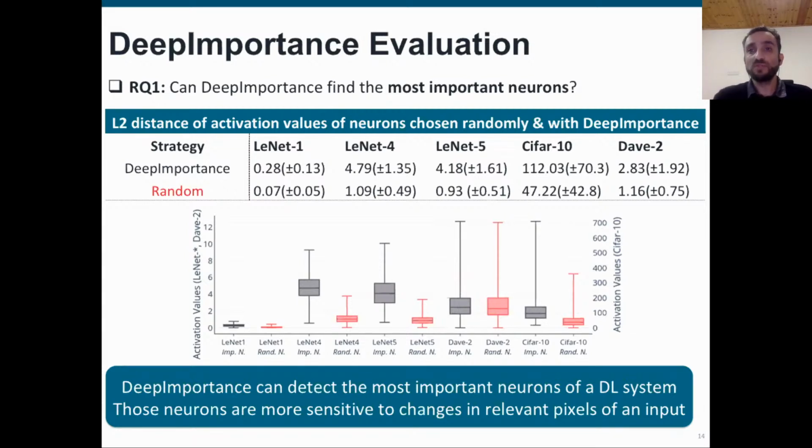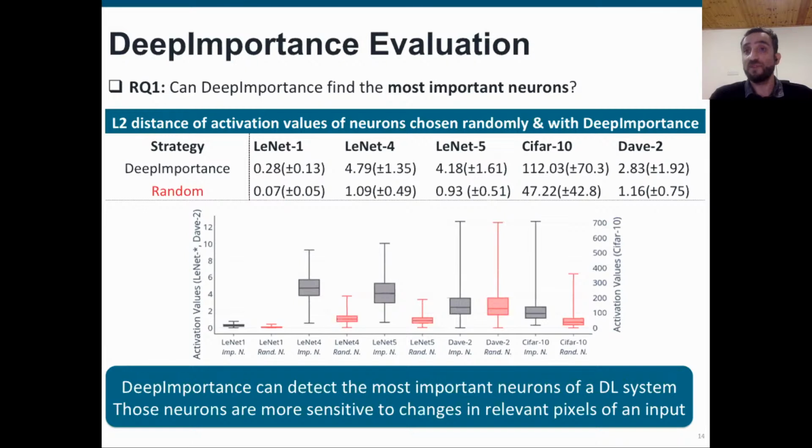It's important to highlight the first research question, where we evaluated whether DeepImportance can really identify those neurons that are key contributors to decision making. In this case, we compared the neurons found by DeepImportance against neurons selected randomly.